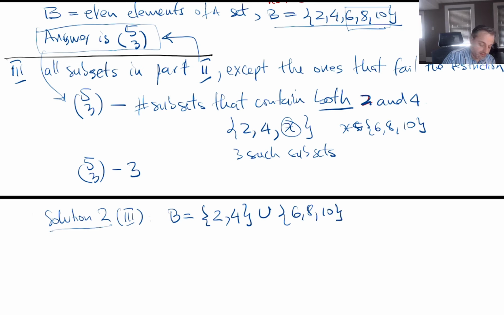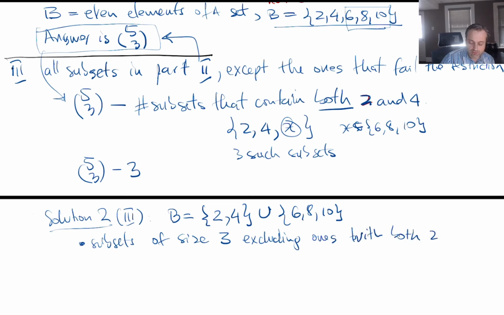And then again, what 3 is asking is we want the subsets of size 3, excluding the ones with both 2 and 4.